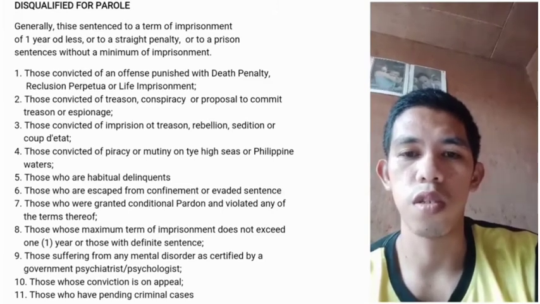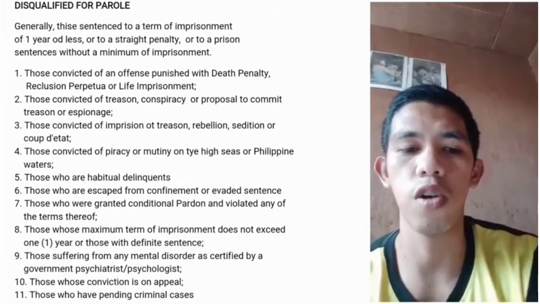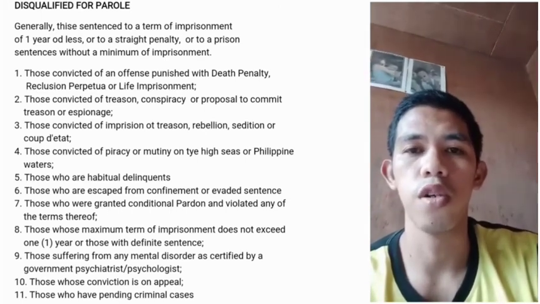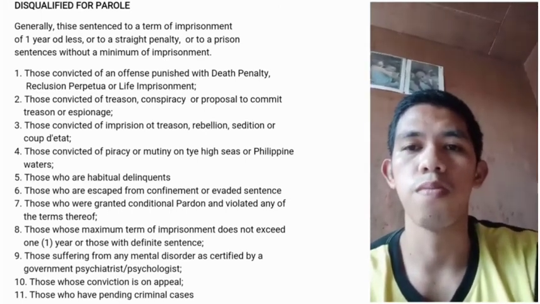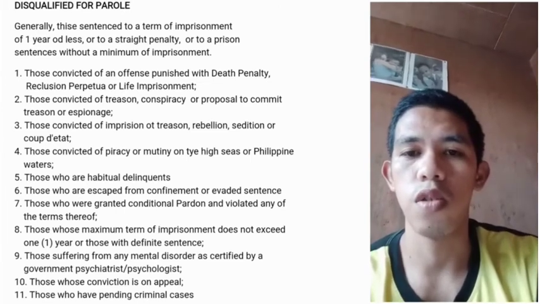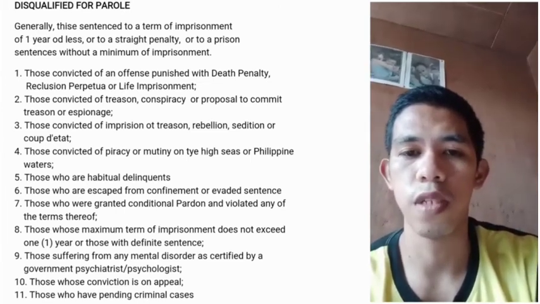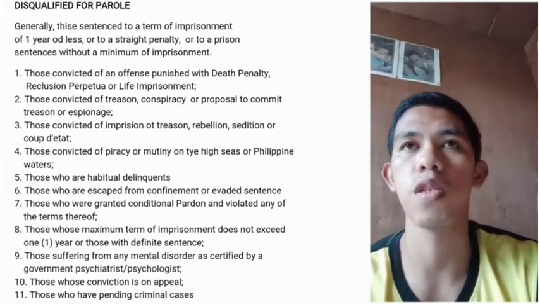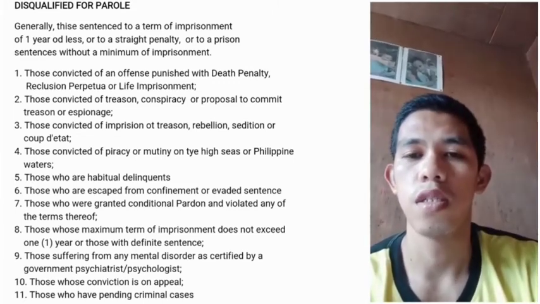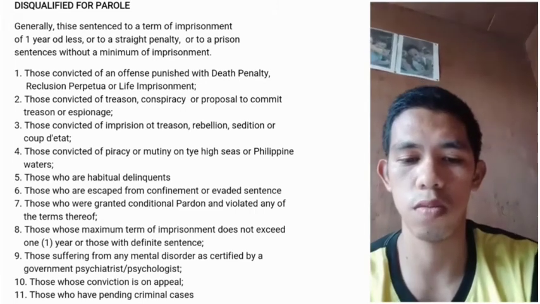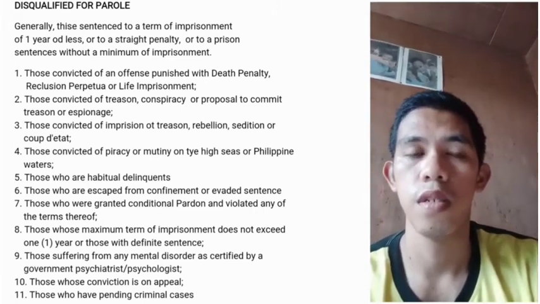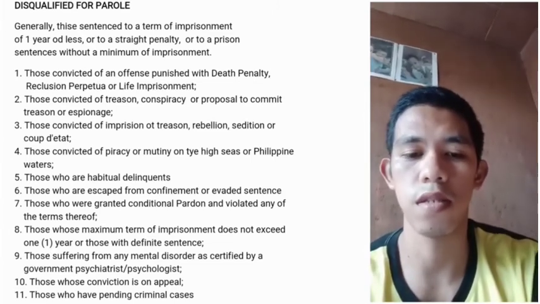Those convicted of misprision of treason, rebellion, sedition, or coup d'etat. Number 4. Those convicted of piracy or mutiny on the high seas or Philippine waters. Number 5. Habitual delinquents. Number 6. Those who escaped from confinement or evaded sentence.